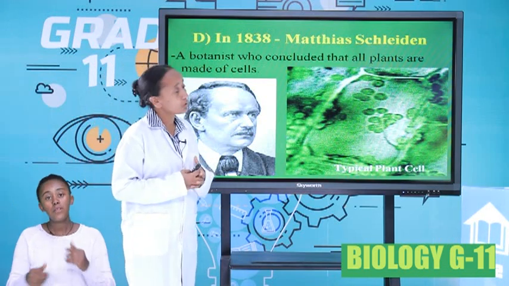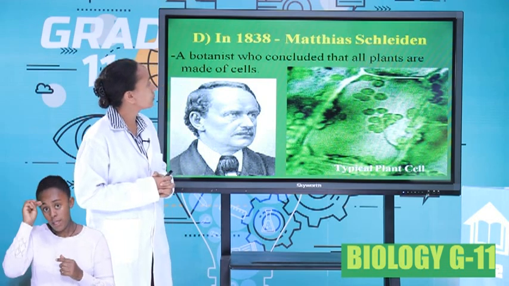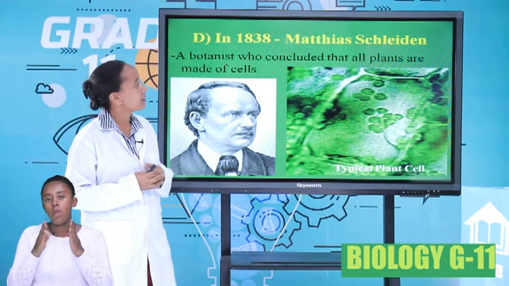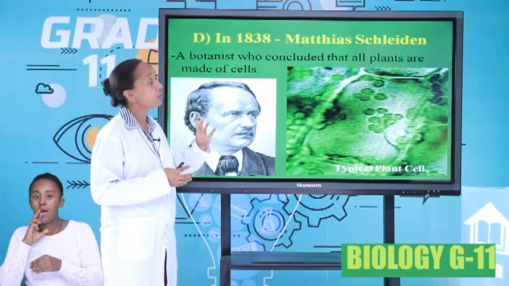The next contribution goes to Matthias Schleiden, who was a botanist, and he concluded that all plants are made up of cells.